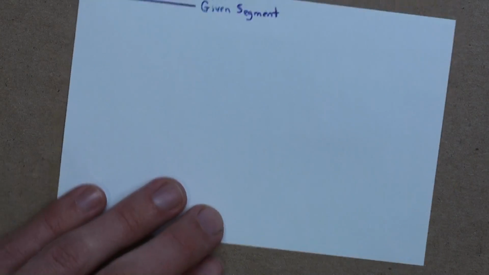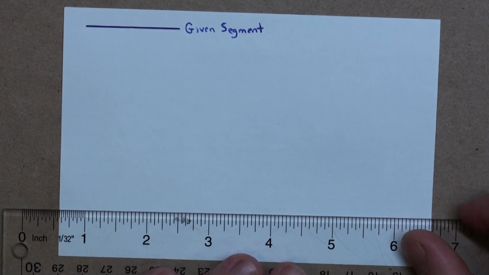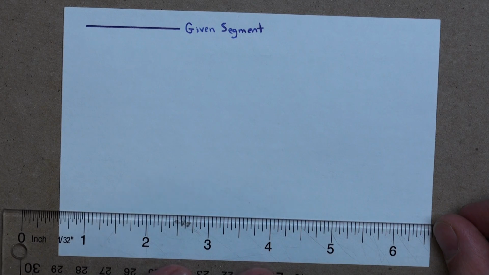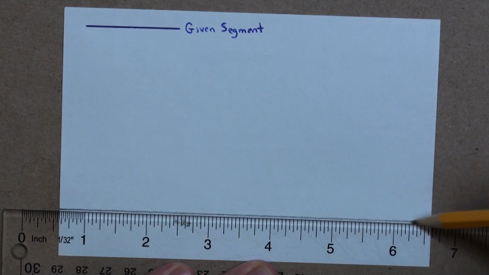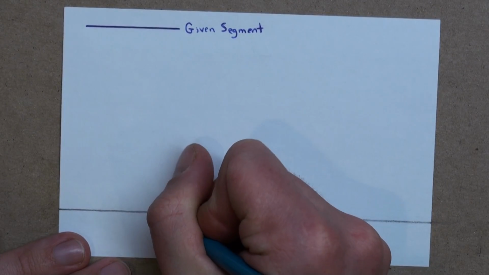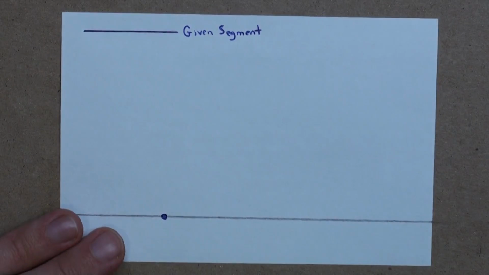Alright, so this is what we do. We draw a reference line in pencil, and I'm going to put a point on the leftish side of the reference line.